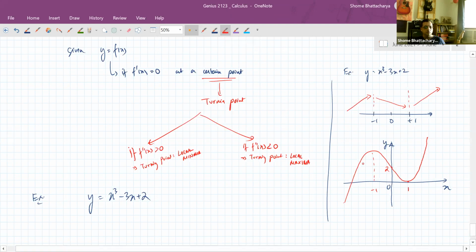This would have told us that the local maxima occurs at x equal to -1 and the local minima occurs at x equal to 1. But that is a graph method.